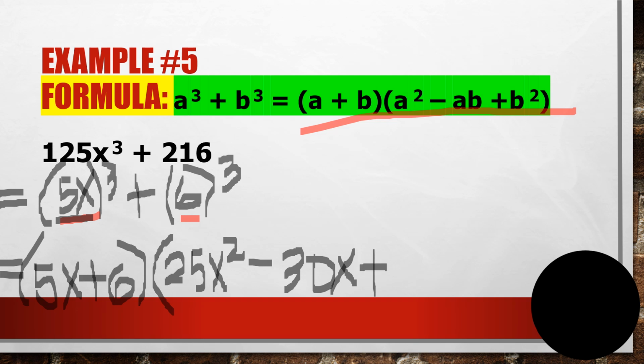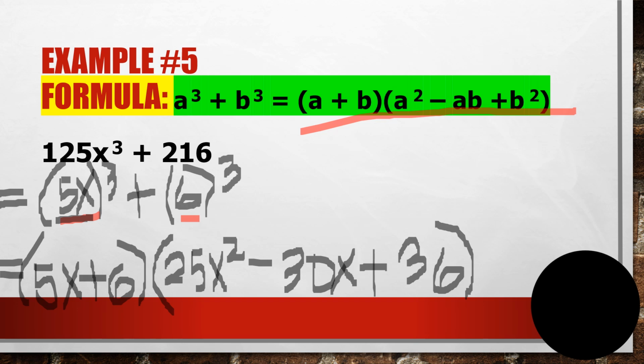Our b here is 6. 6 times 6 is 36. And then after that one, close it. And that will be now our final answer.